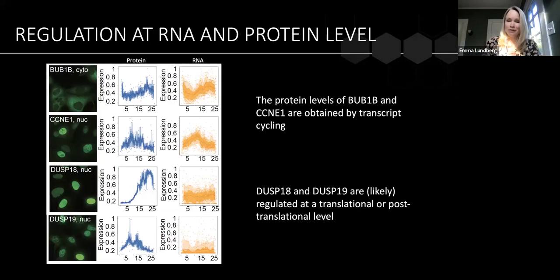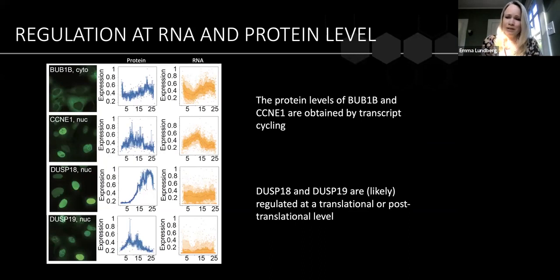And now we've actually generated a phosphorylation proteomics data set using mass spectrometry, resolved over interphase as well. So we can confirm that these are likely driven by phosphorylations. And these types of profiles were very common for the new proteins that we discovered in this project.